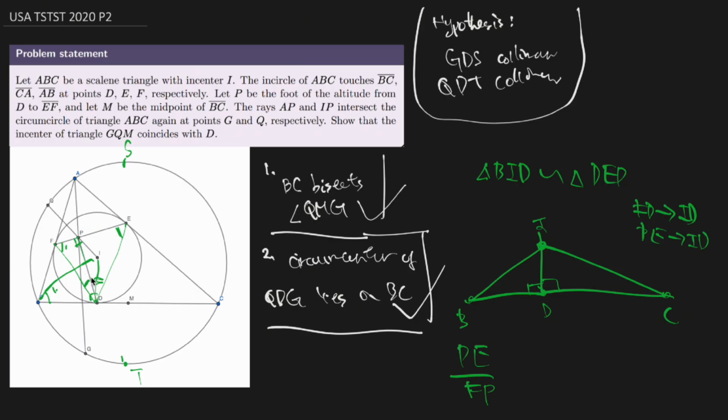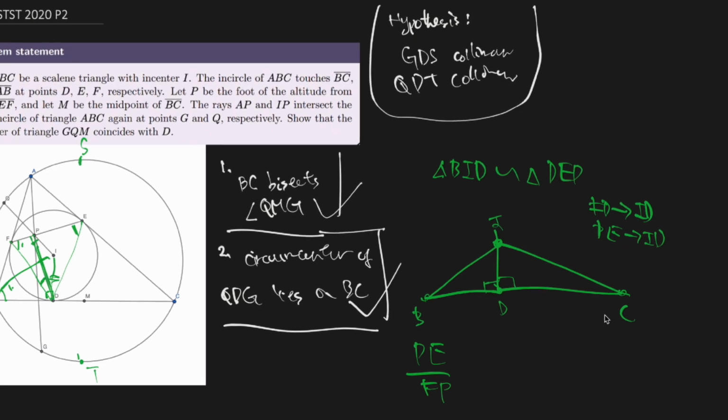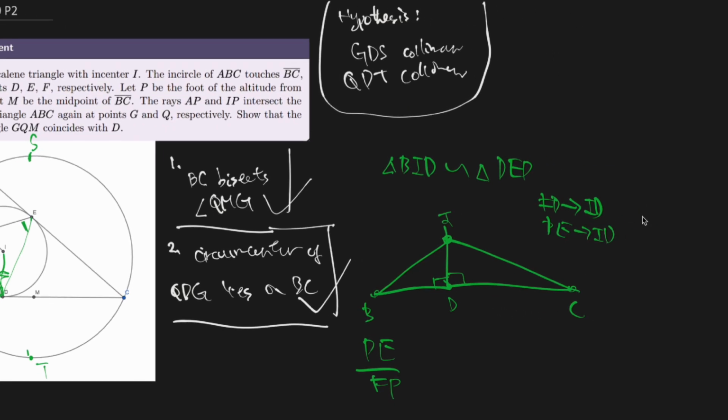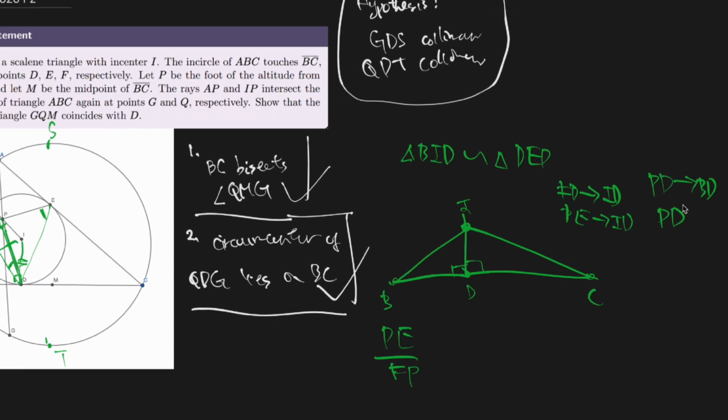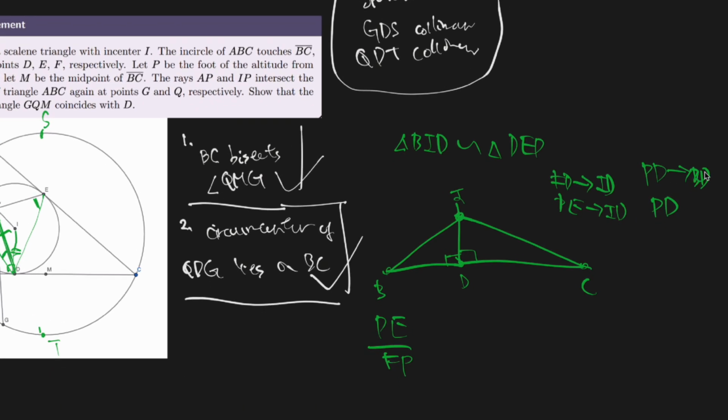And they also have the common PD line, and under this transformation, with the first one, the line PD goes to BD. And for the second one, the line PD, sorry, the first one should transform over to CD, and PD goes to BD for the second one.